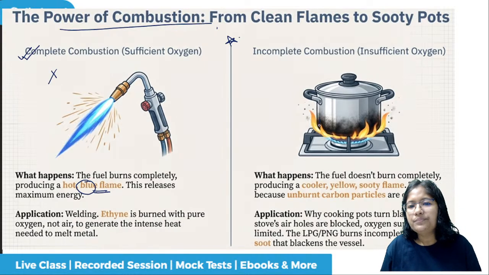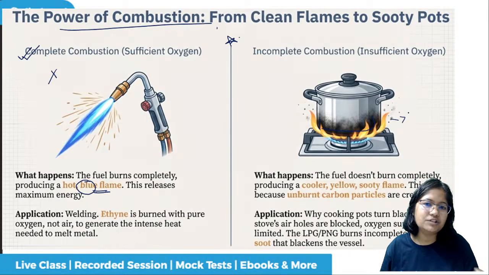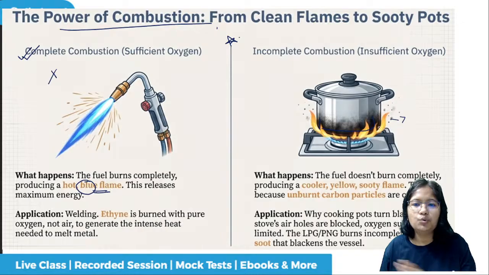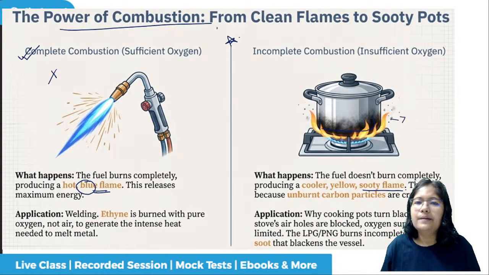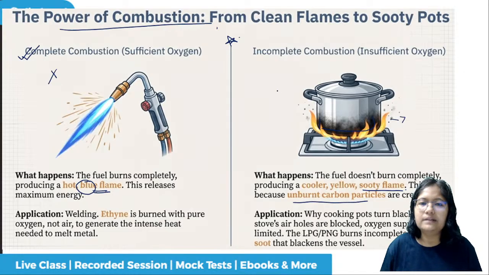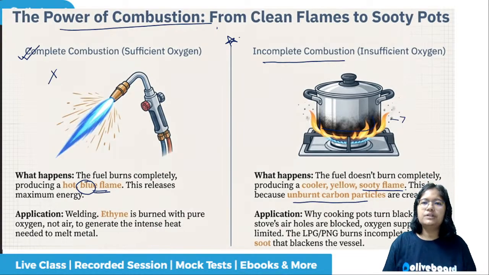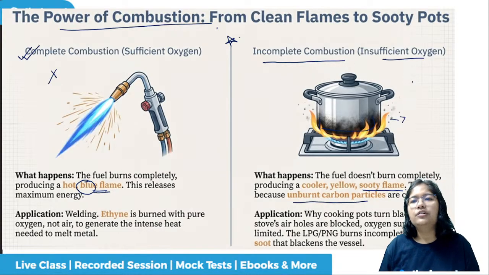But if you see that your vessel is getting darkened, if it is becoming blackish in color, if there is some soot, that means what is happening here? The sooty flame is there. There are unburned carbon particles. There is incomplete combustion, insufficient oxygen, and your fuel is also being wasted.